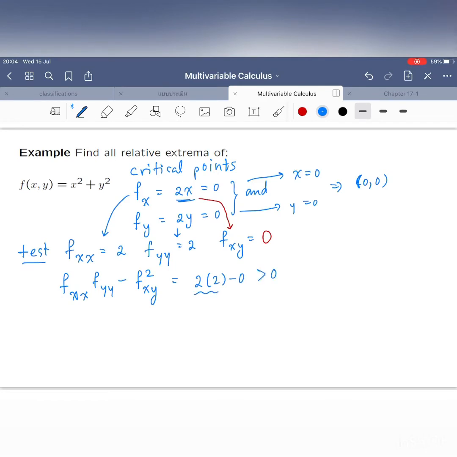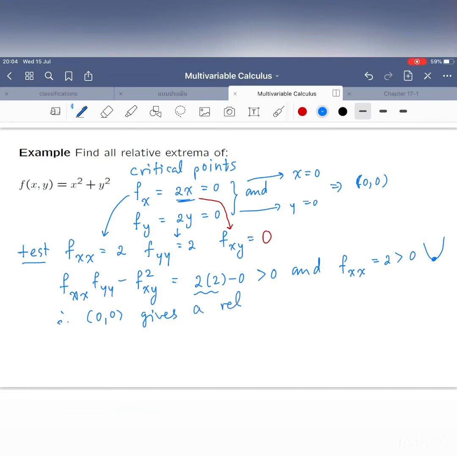So it means that the same direction wins. And then look at one of them, for example f sub xx, it is 2, which is positive. So by positive, it means that you have the upward shape like this. So at this point, the (0, 0) gives you a what?